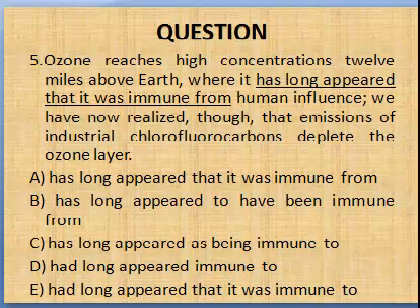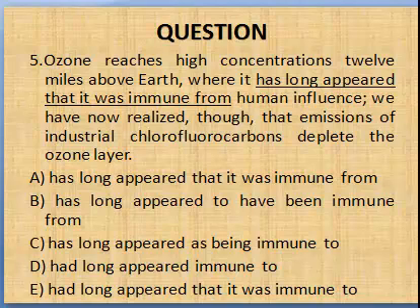So we are talking about simple past, because we are not talking about the present. So we'll go with had. So had, that makes us with D and E, had long appeared immune to, had long appeared that it was immune to. So E makes it a bit ambiguous and wordy, because we are talking about ozone, so why use it?